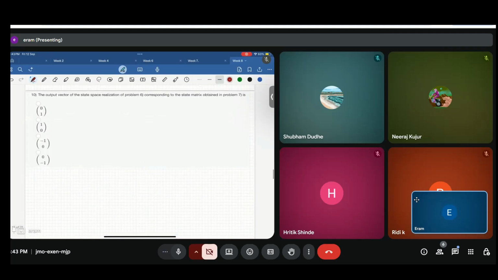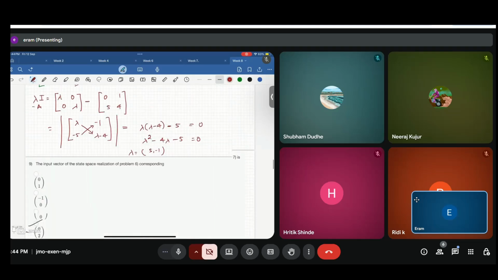Okay. Now the output vector of the state space realization of problem 6 corresponding to the state matrix obtained in problem 7, you have to identify. What is the output of this problem?